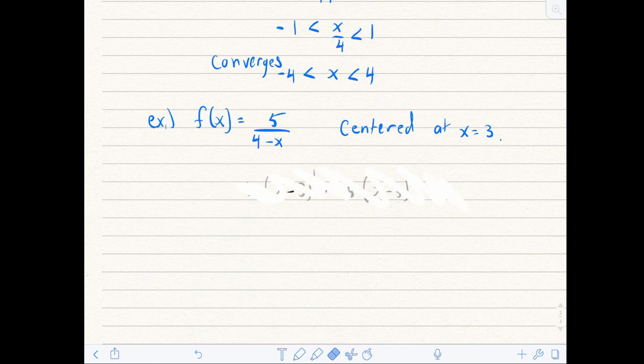So I'm going to rewrite my problem. I'm going to write this as 5 over 4 minus x is equal to 5 over, and then what we want to do here is rewrite this problem in a way that helps us get, in a sense, a parentheses x minus 3.